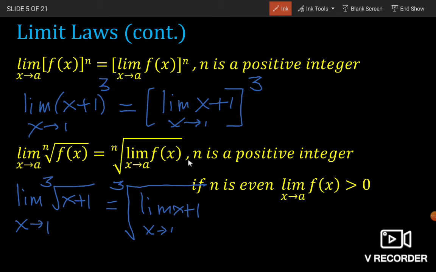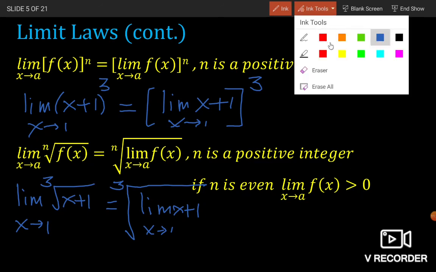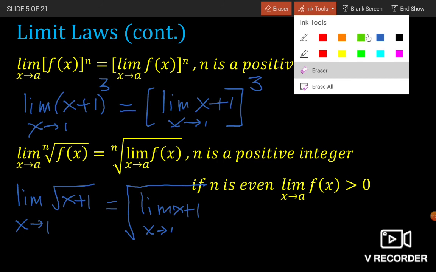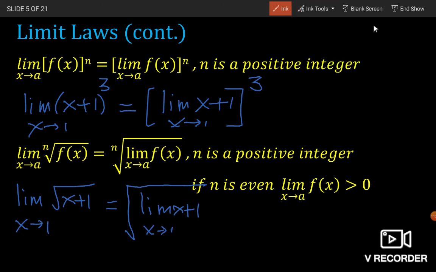And another rule here is that if n is even, the limit of f of x as x approaches a should be greater than 0. So for example, if instead of 3, which is an odd number, let's say it's 2.